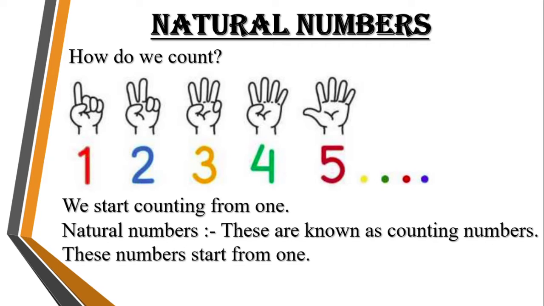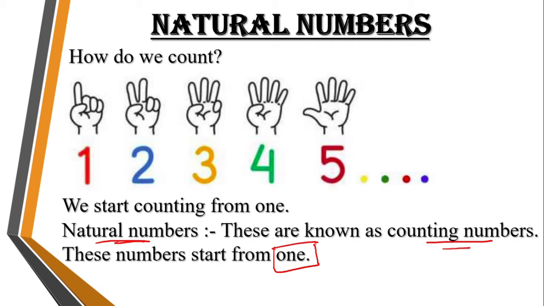So we can say that natural numbers are also known as counting numbers, and they start from 1. So how to remember natural numbers? The easy way to remember is we should just keep in mind that counting numbers is equal to natural numbers.